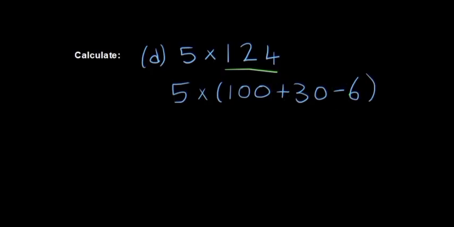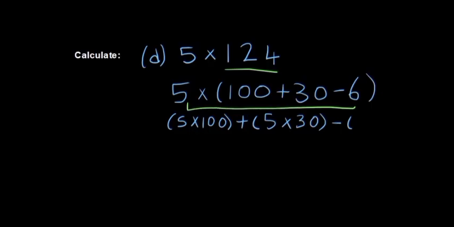So we're going to distribute the 5 to 100 first. Then we'll distribute the 5 to 30. Then we'll distribute the 5 to 6.